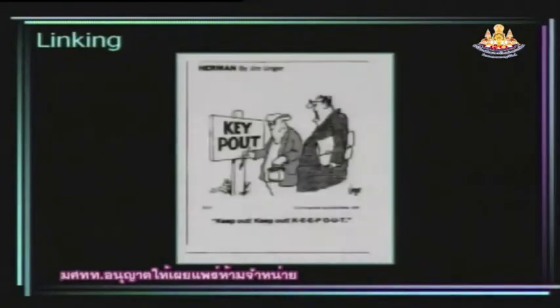Here's a nice cartoon that illustrates our next phenomena, linking in English, connecting 2 words together. Right? So this one gentleman has painted a sign and the sign says, keep out, keep out, keep out. And the other person says, what is that sign?